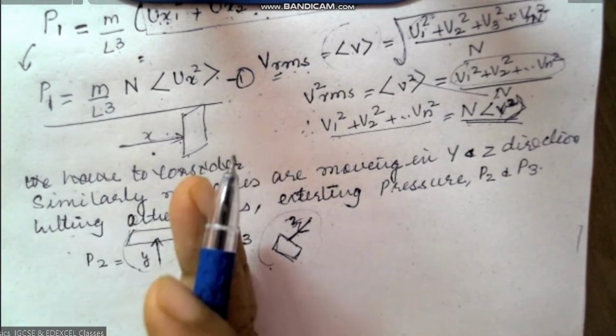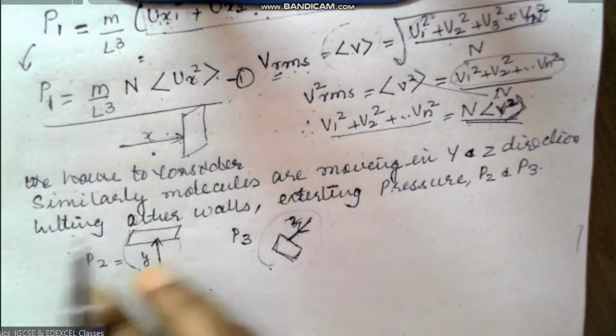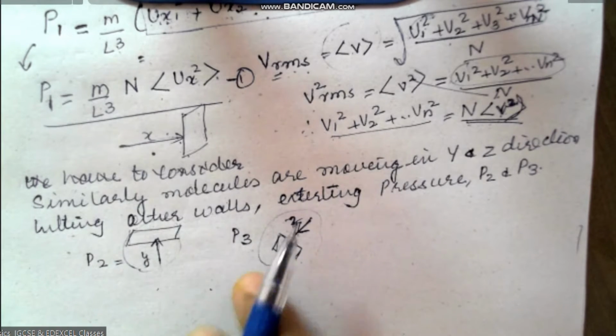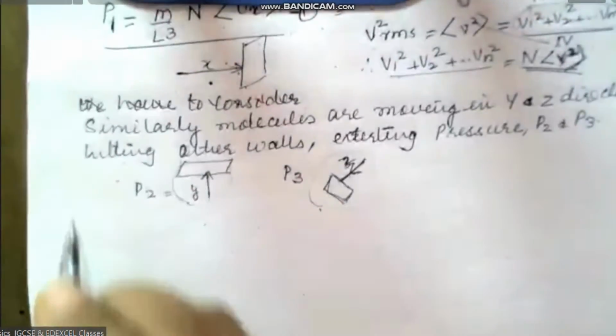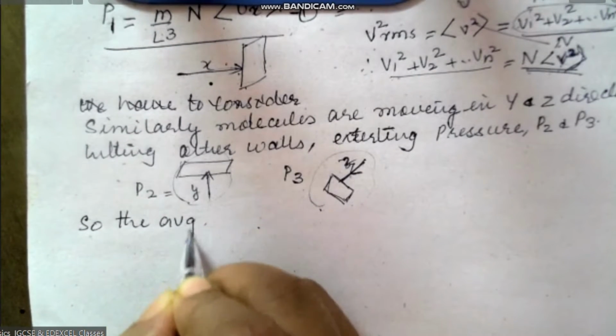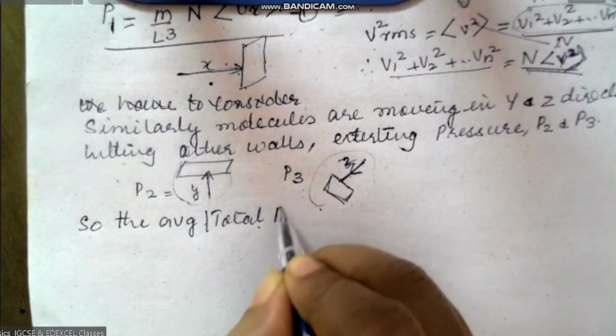So on all the three axes, there is pressure exerted. So we have to find the average pressure exerted by molecules traveling in all the directions. Okay, so that is our next step.